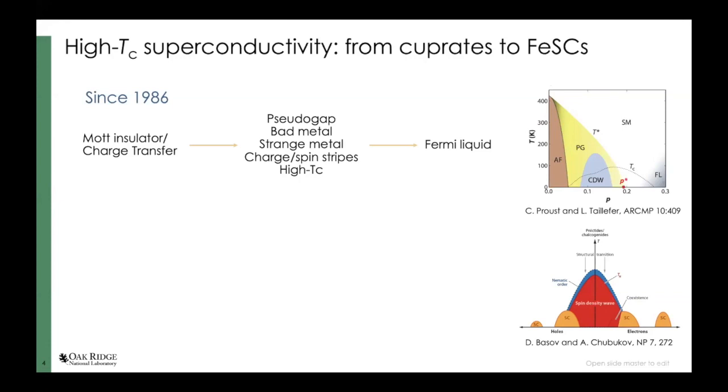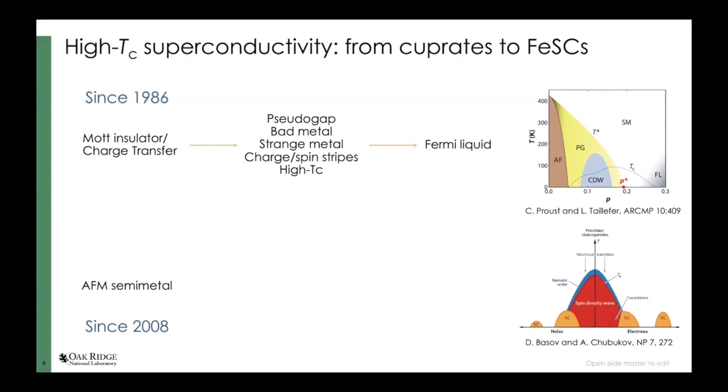So if we take a first look at the phase diagram for iron-based superconductors, you're probably going to say, oh yeah, there are a lot of similarities. But if we look at it more carefully, you see in the nominal parent compound, yes, you have antiferromagnetic order, but the antiferromagnetic phase is indeed an AFM semimetal.